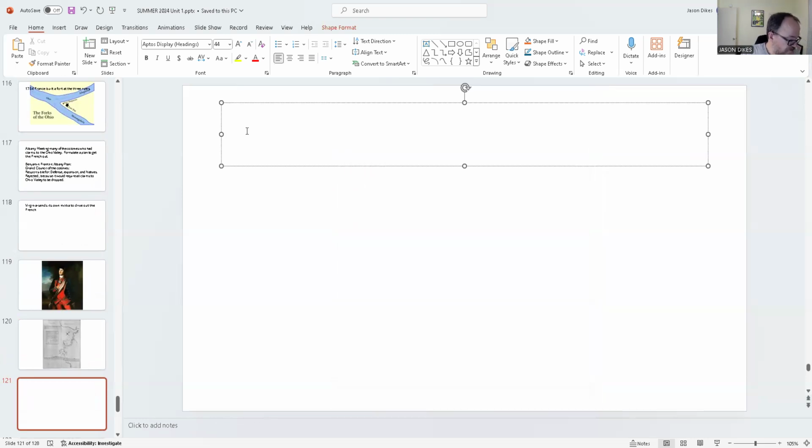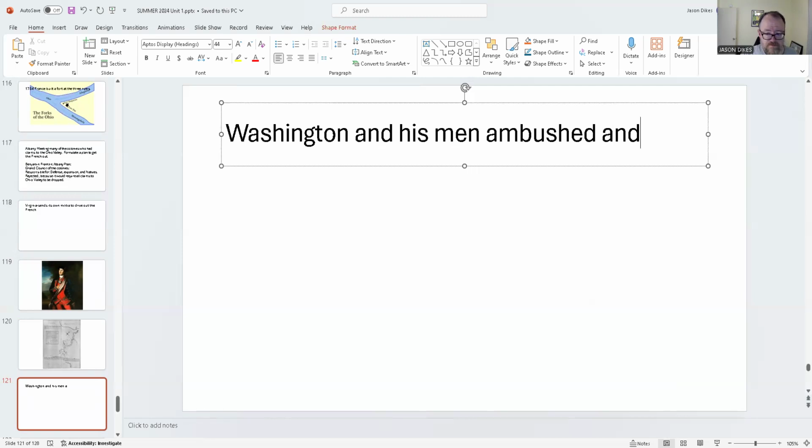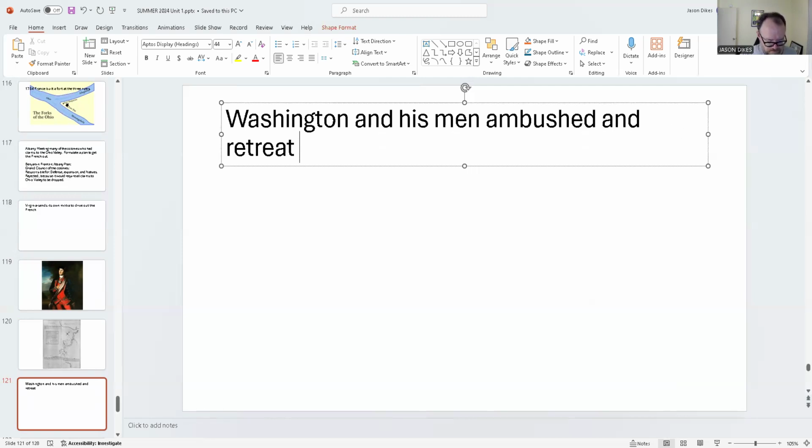He was attacked, ambushed by the French and the Indians. Had to retreat to Fort Necessity.